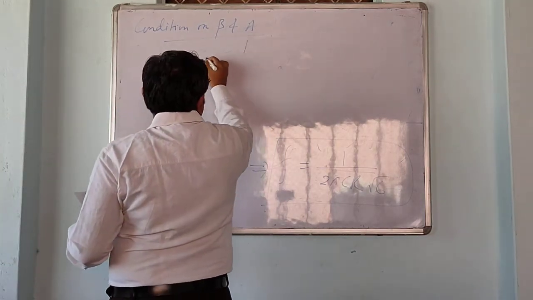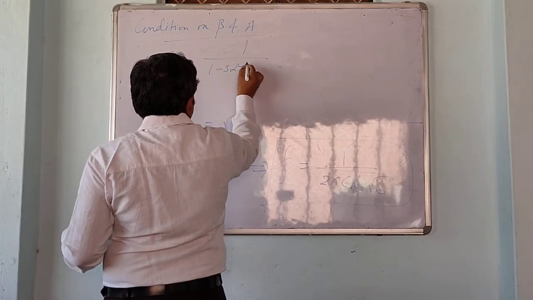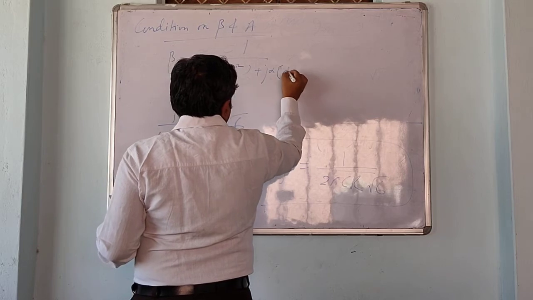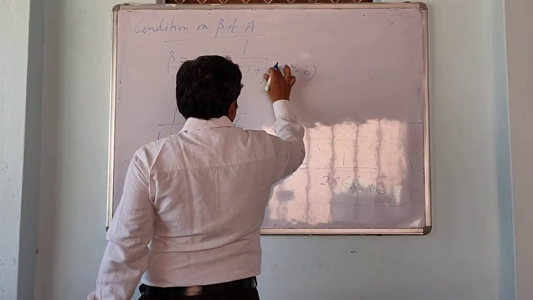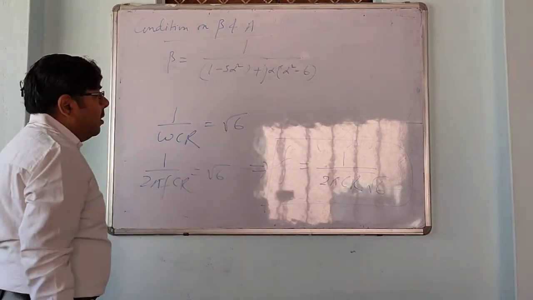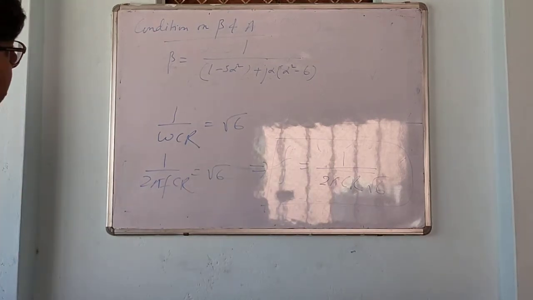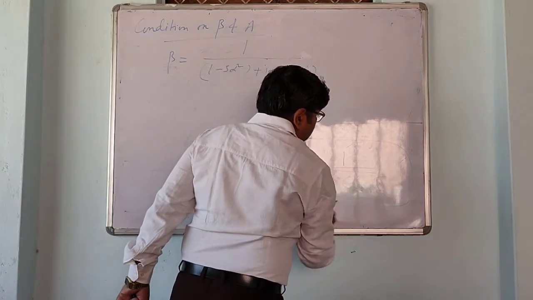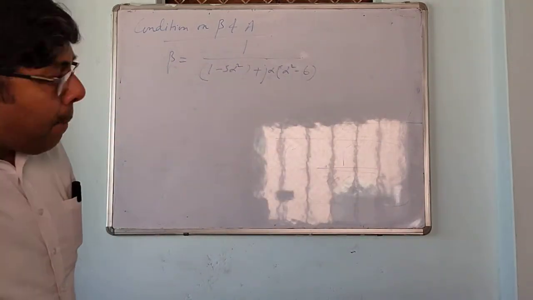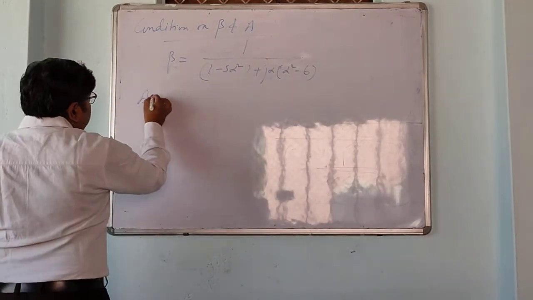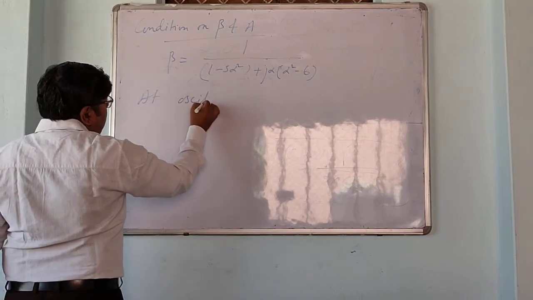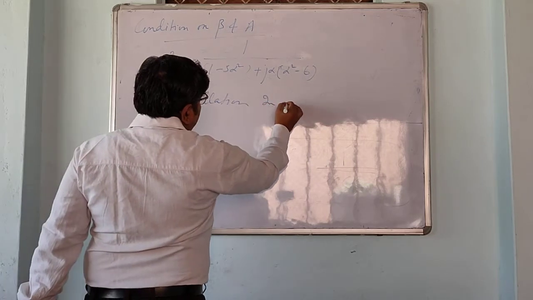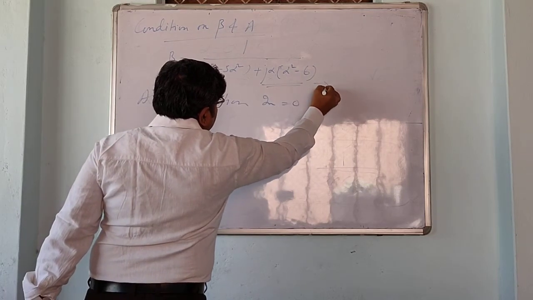Again I am writing this expression: 1 minus 5 alpha square, this is the real part, plus j alpha square minus 6. This is the expression for beta. And at the frequency of oscillation, when oscillation occurs, the imaginary part is 0, that is this part is 0.